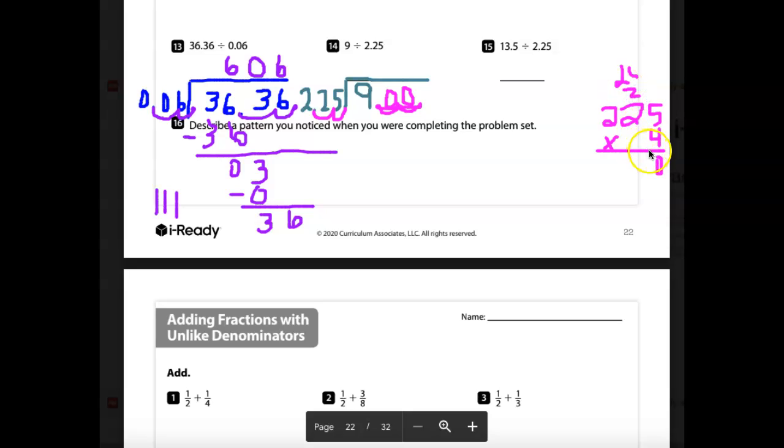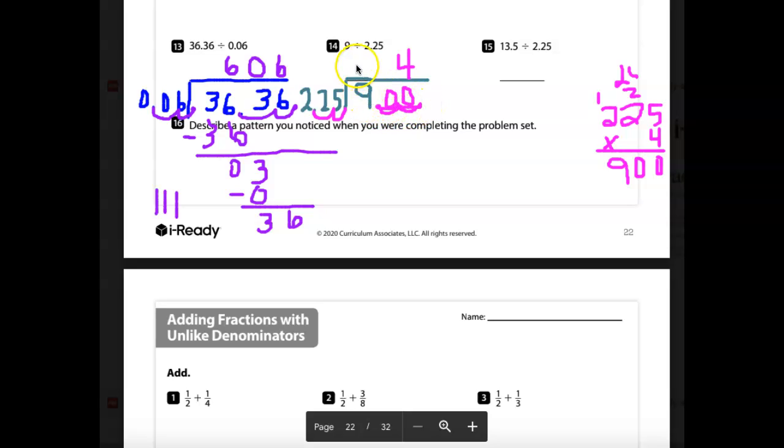Put down our 0 and carry our 2. 4 times 2 is 8, plus 2 is 10. Put down our 0, carry our 1. 4 times 2 is 8, plus 1 is 9. We get 900. So our answer here has to go here to show that 225 goes into 900.